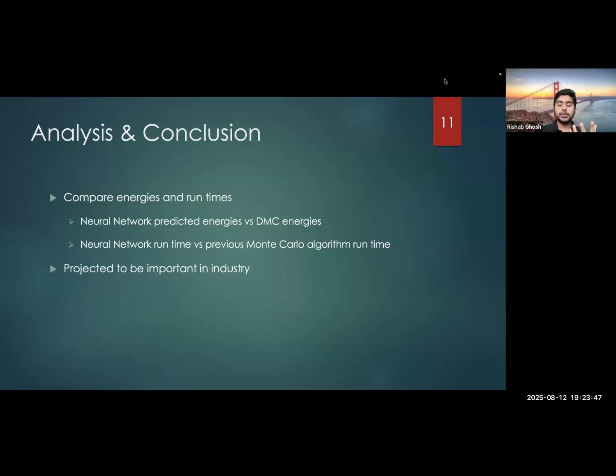And we project this to be very important in industry because, again, as my colleague Srivatsa mentioned, biological sciences and specifically drug design and protein analysis really require true molecular ground state energies to analyze properly.